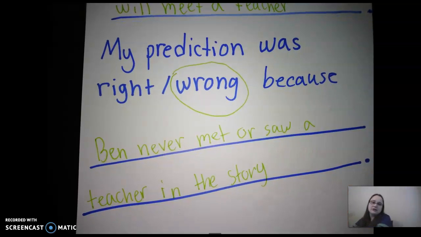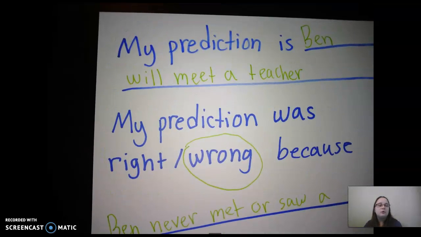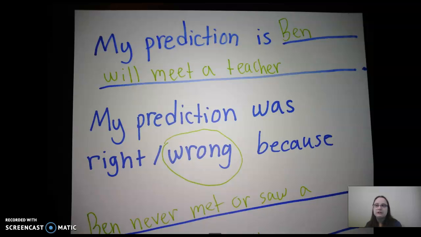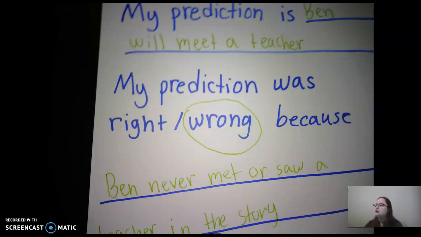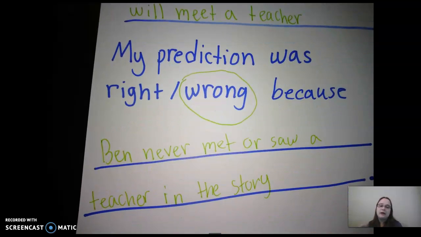And Miss Greyhouse's lines are a little slanted. My apologies. So then at the end, my full response to our story says, my prediction is Ben will meet a teacher. My prediction was wrong because Ben never met or saw a teacher in the story.